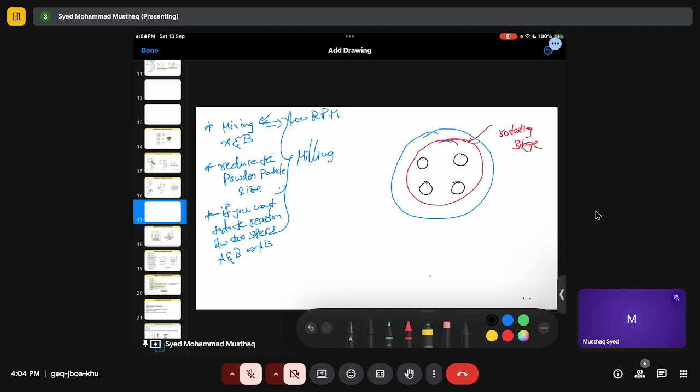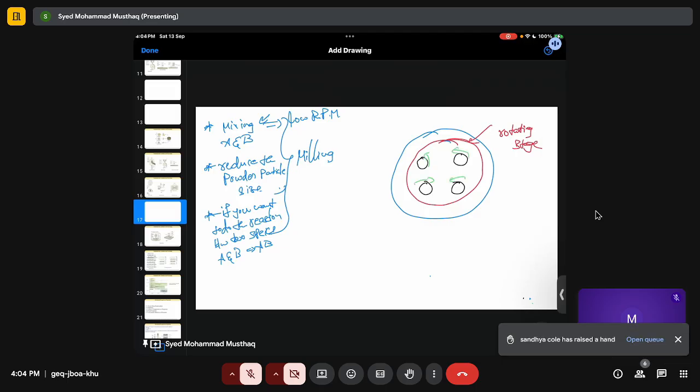These 4 slots are rotatable. I mean, there are no attached motors to them. They are just not hinged. So whenever this rotating stage rotates, they will also rotate.